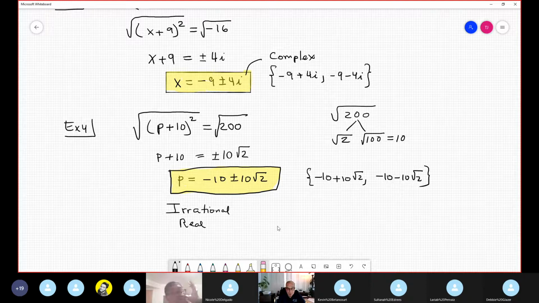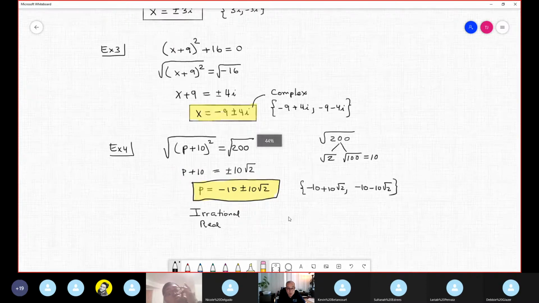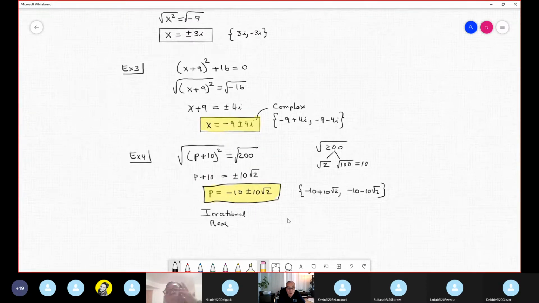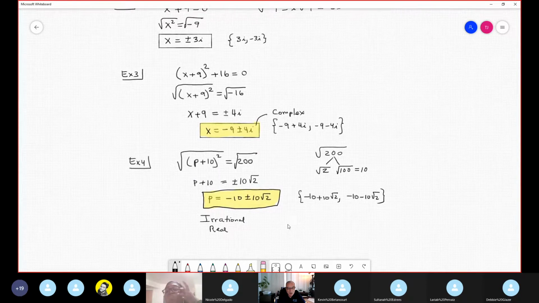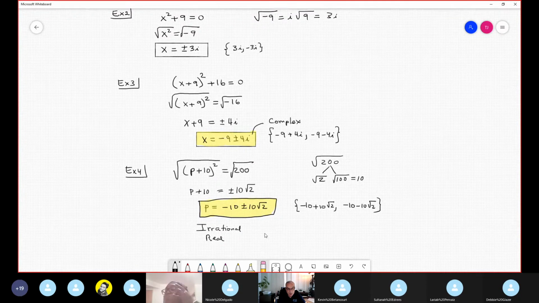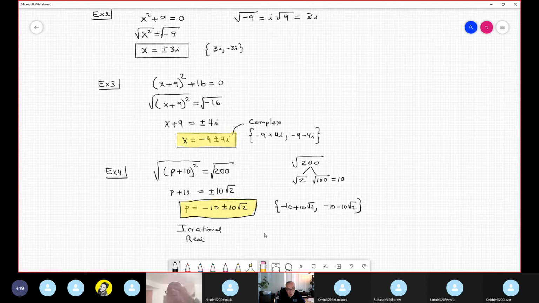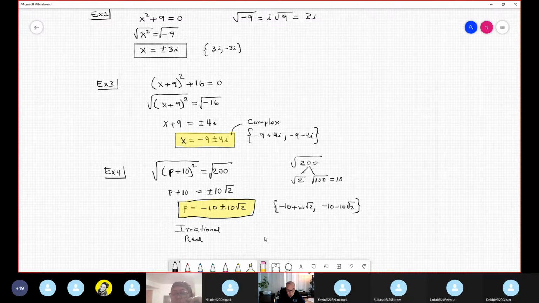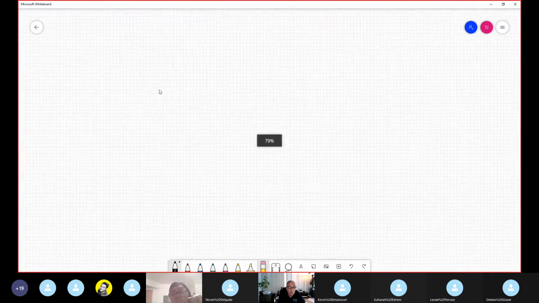Okay, so far we studied quadratic equations. We studied the most elementary method for solving the quadratic equation, which is the square root method. And the square root method is useful only when b is 0. If b is not 0, not good. Then we use the quadratic formula or completing the square.